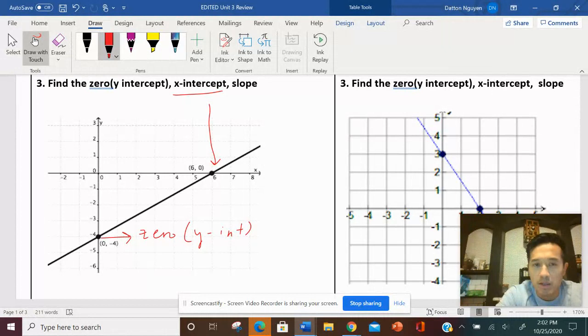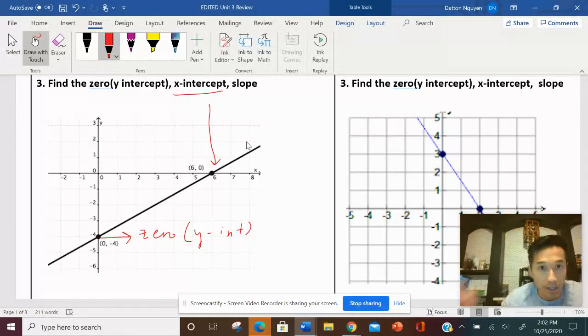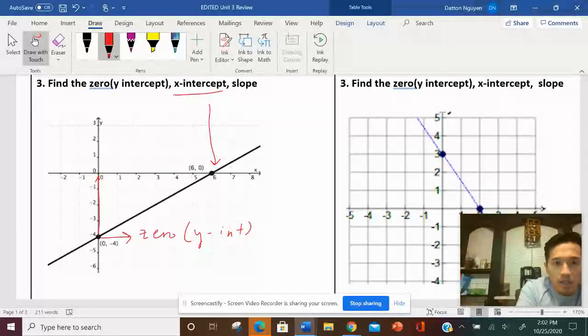So from here, if I have 2 intercepts, a y and an x, then I can go ahead and figure out what my slope is going to be. So I have to go up 4 units and go to the right 6.